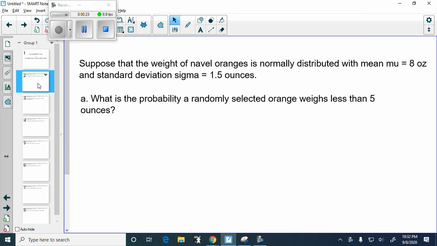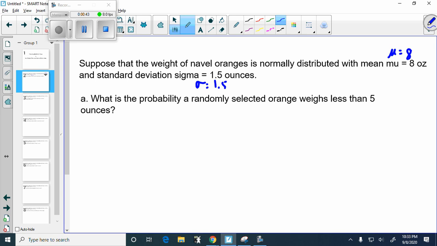It says, suppose the weight of navel oranges is normally distributed with mean 8 ounces, standard deviation 1.5 ounces. Now, this really would be written as mu equals 8 and sigma equals 1.5.